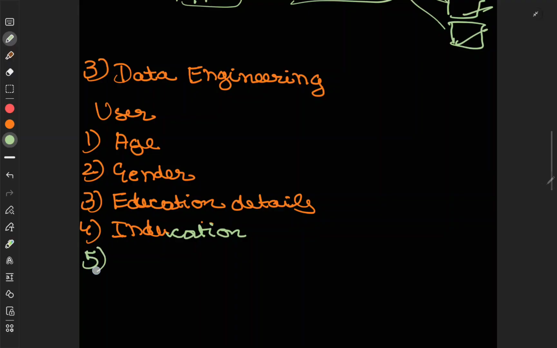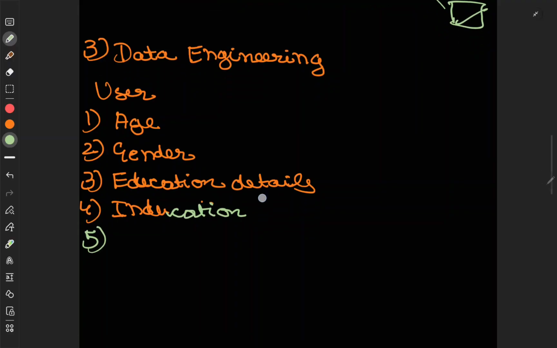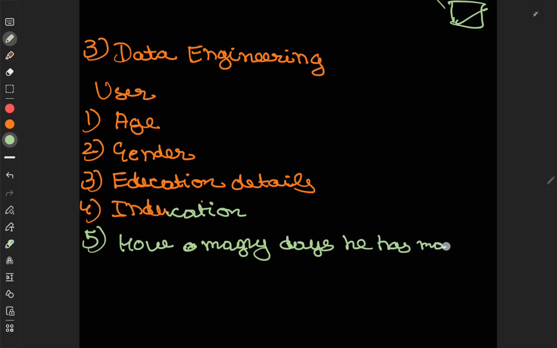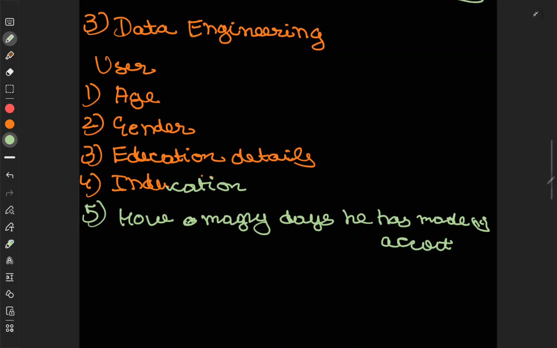Then it could be how many days have passed since he made his account. Then it could be something like his company name, where he works.